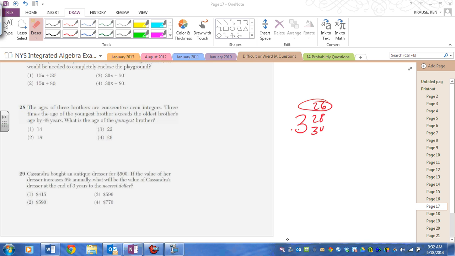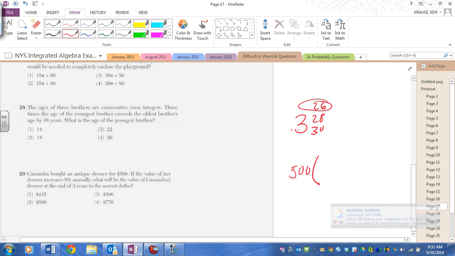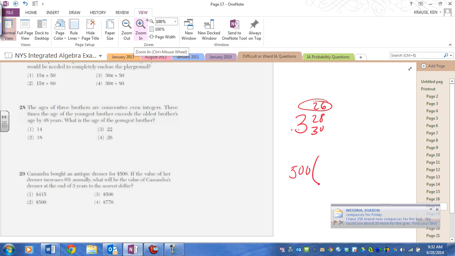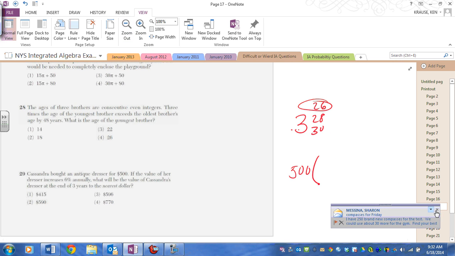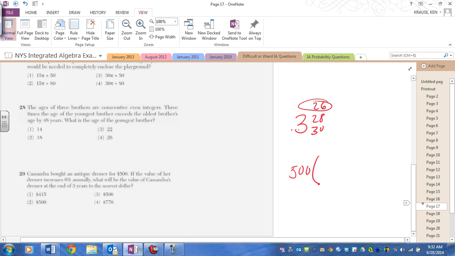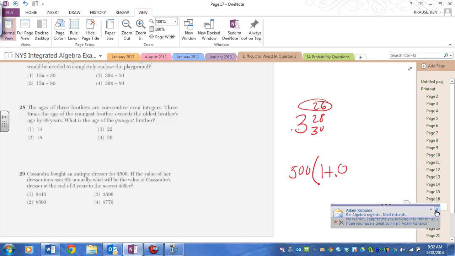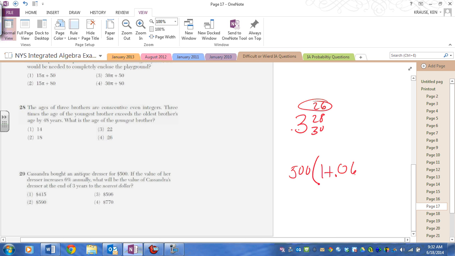So we're going to take the starting amount, which is $500, and we're going to multiply it by 1 plus 0.06.